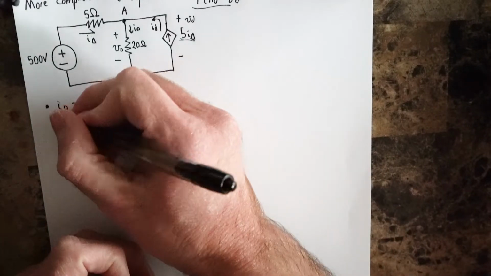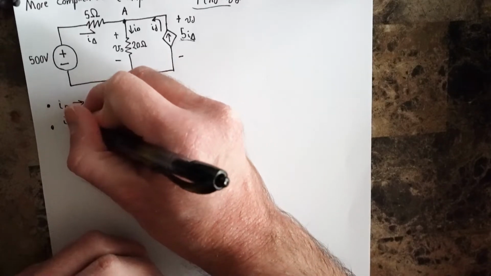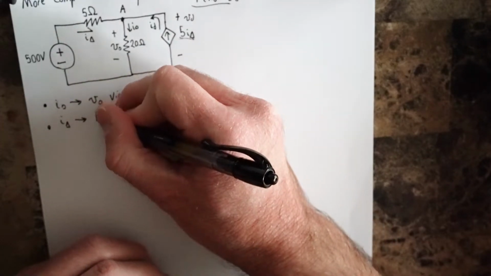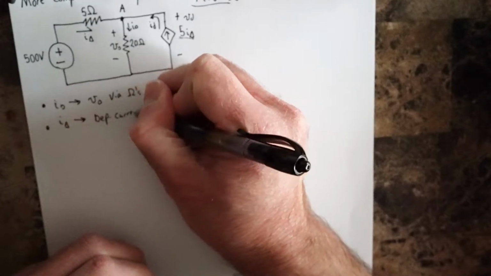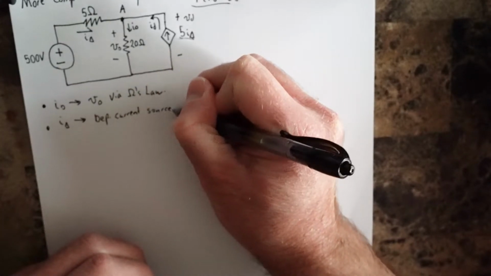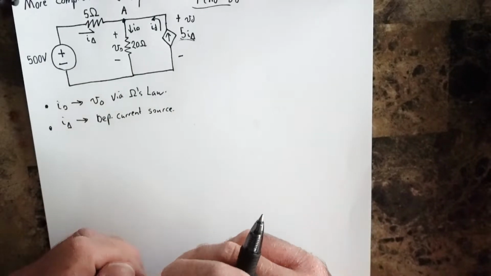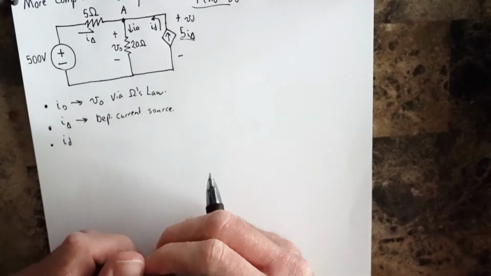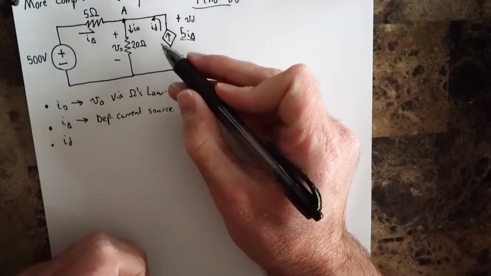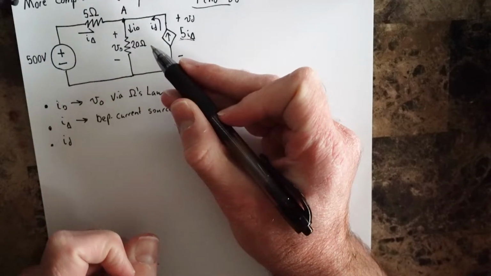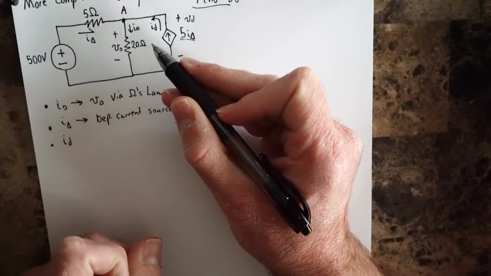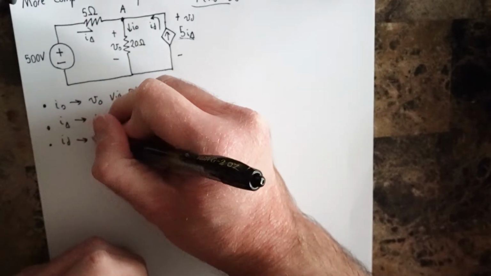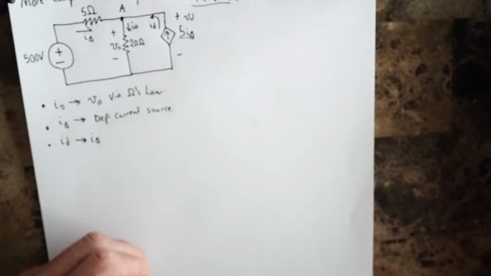And then once we know I delta, then we know the value of this dependent current source. The current in the dependent source, which I'll call ID, is a function of I delta.